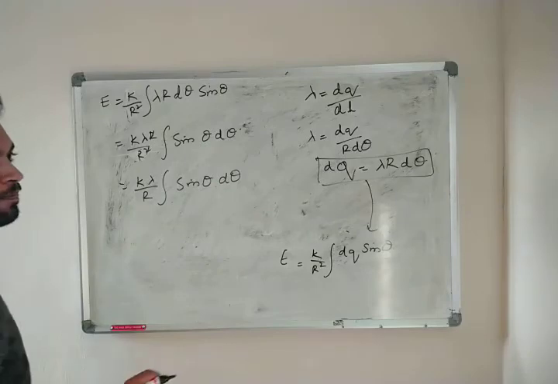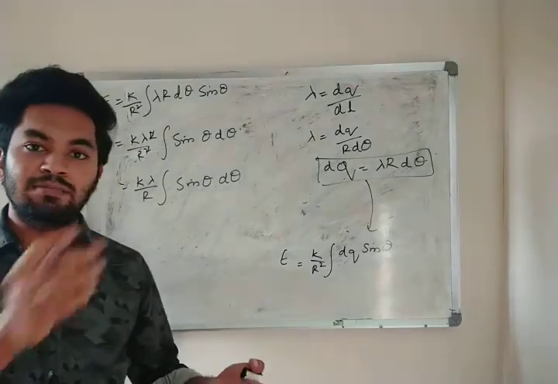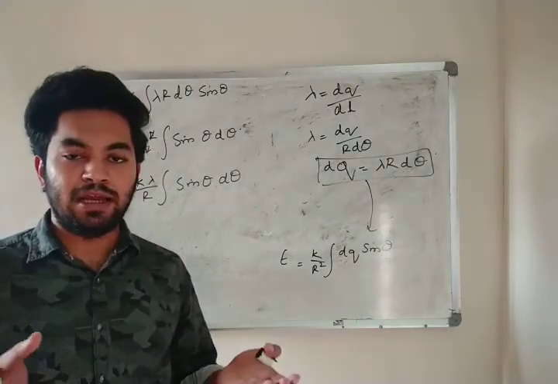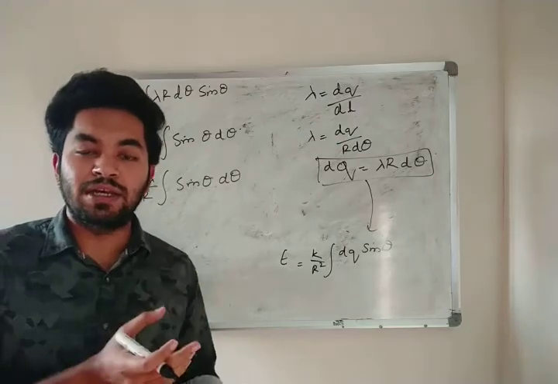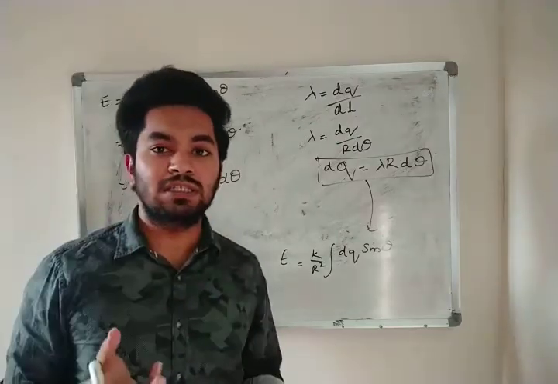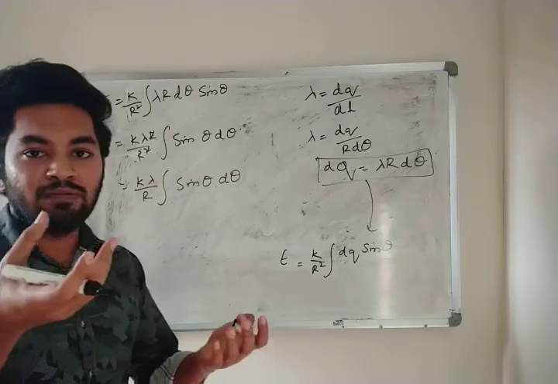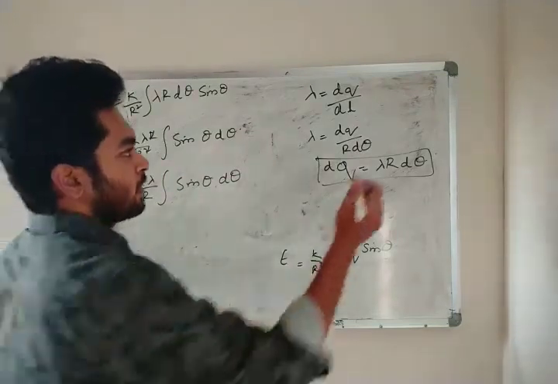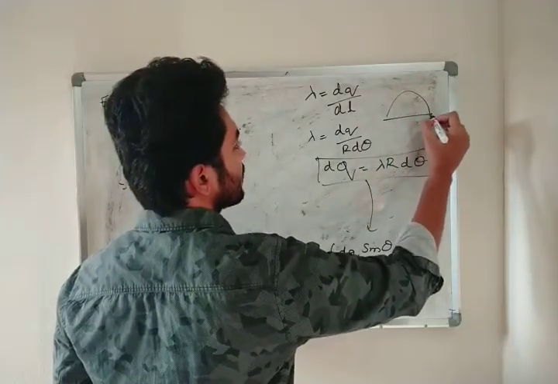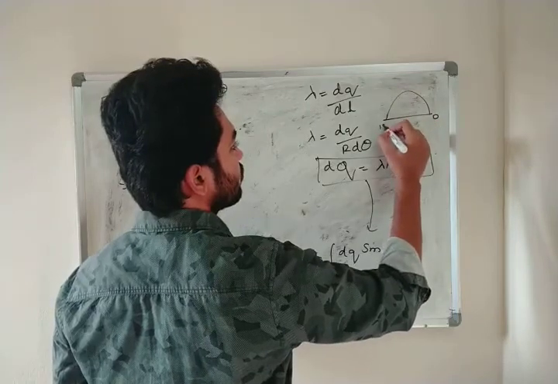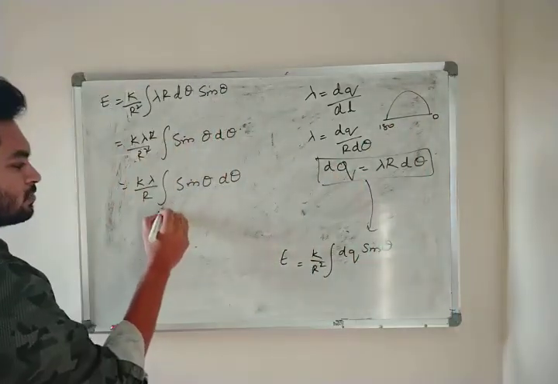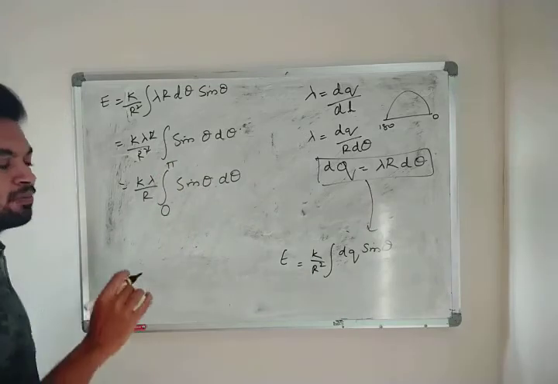Now what is the angle in a semicircle? 180 degrees. The angle in a semicircle is 180 degrees, and in a full circle it is 360 degrees. The least angle is 0 and the highest angle is 180, so our limits will be 0 to pi. Pi means 180.